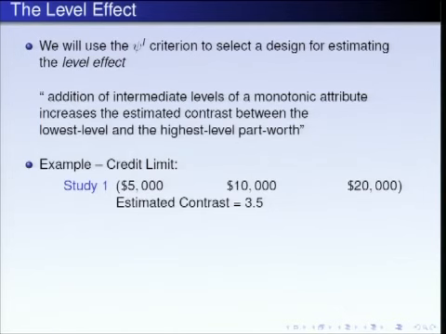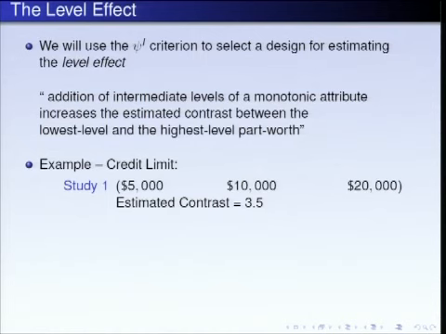Presumably, most people would prefer to have a high credit limit than a low credit limit. And if we were to use the analysis to estimate the part worth, how much the difference in these two credit limits is worth to you, let's say we get an estimated contrast of 3.5 on a 10-point scale.